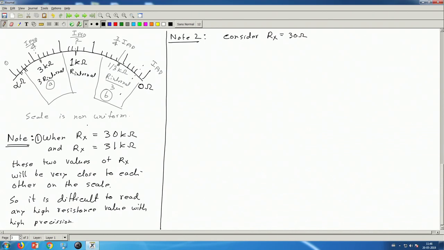Now if I make a small error in reading the pointer position, say due to parallax error I make an error of maybe 1 degree, this 1 degree will correspond to a high relative error. Say Rx equal to 330 ohm is here at 10 degree.